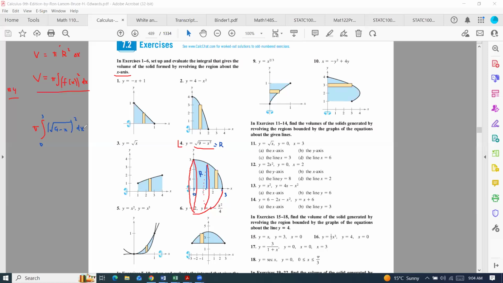And then I can just integrate. So we need to integrate 9 minus x squared, right? Because the square root and square will cancel. And looks like we're in the first quadrant, so everything is nice and positive, and that's very good.